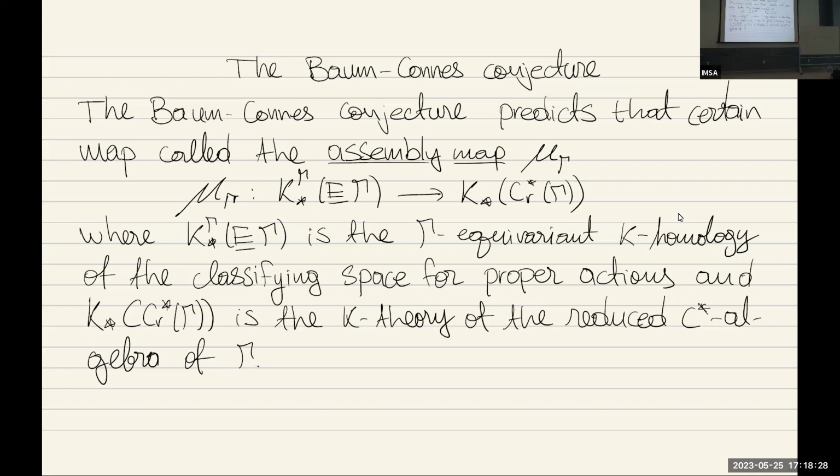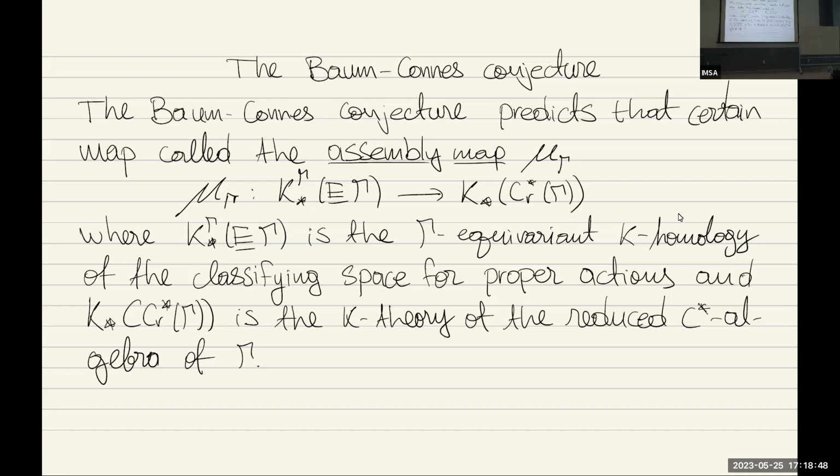What is the reduced C star algebra? You could consider the complex group algebra of the group gamma. It is a ring, but you could complete this algebra with a certain norm.